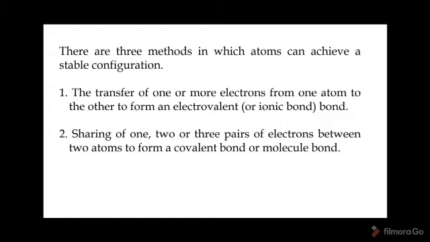There are 3 methods by which atoms can achieve a stable electronic configuration. The first is the transfer of one or more electrons from one atom to another atom. If atoms achieve stable electronic configuration by transferring one or more electrons, it is called an electrovalent bond or ionic bond.